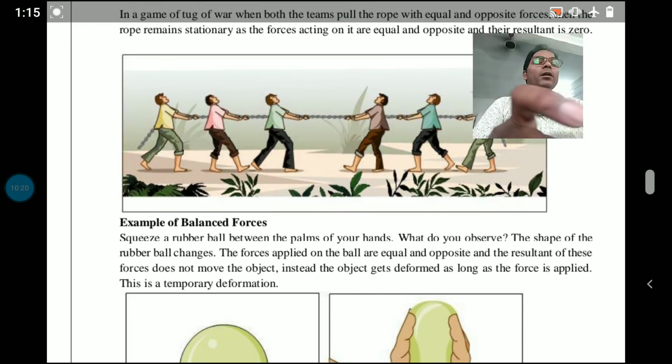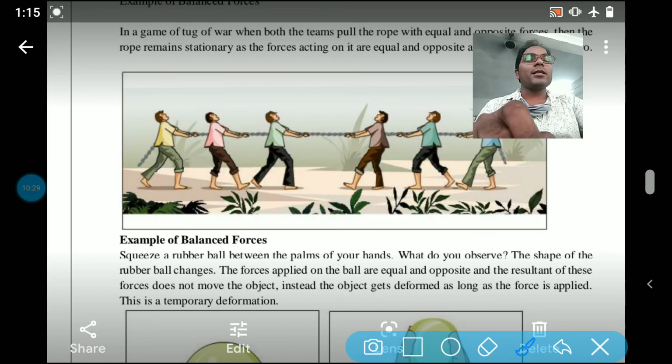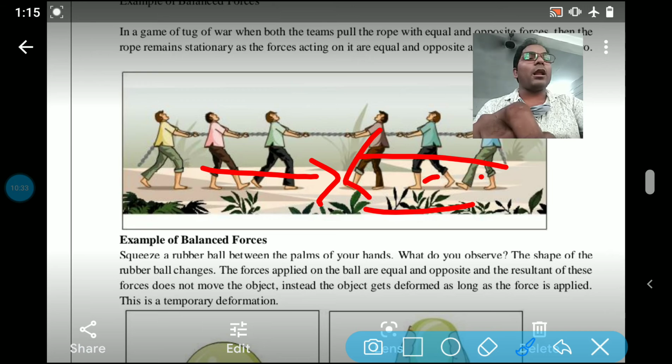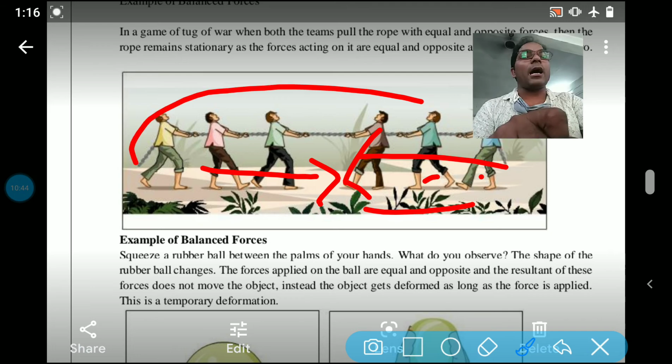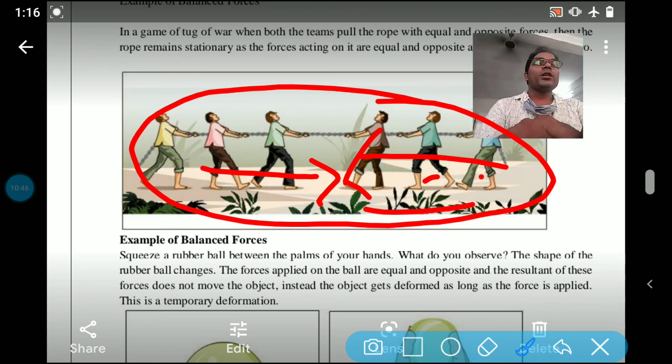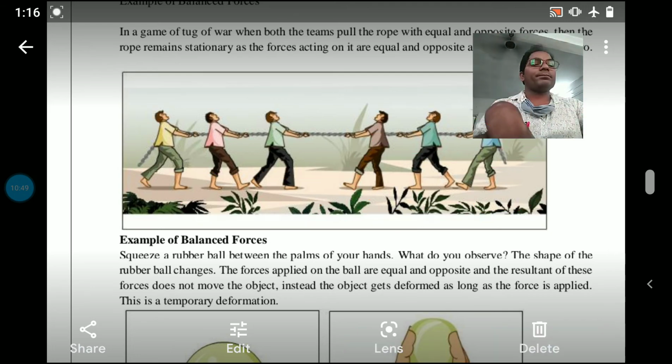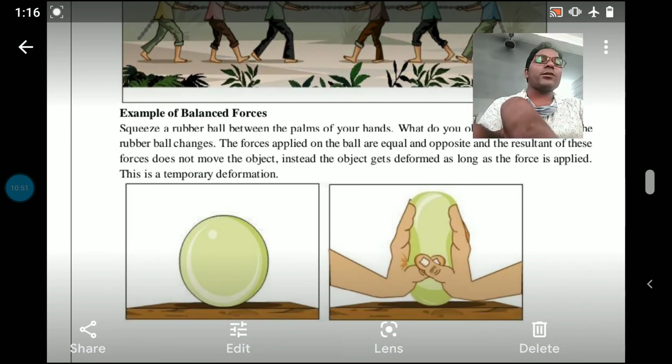Both sides, the people are standing and applying force, but there is no change. The people on the left side are not moving to the right, and the people on the right side are not moving to the left. So they are at the same position. This is balanced force in the game of tug of war. If there is no result, that is balanced force.